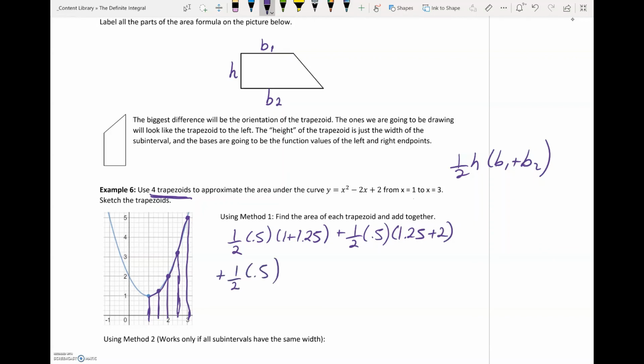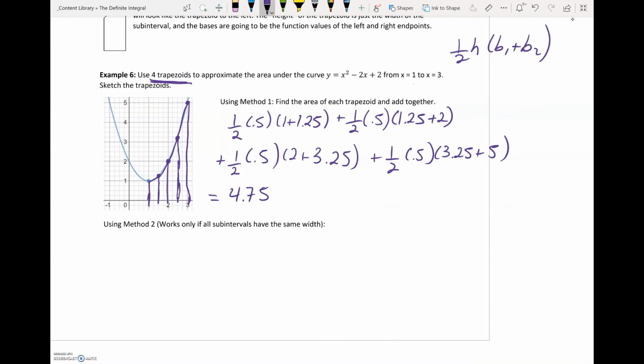Then the next one, a length of 2. And then the other length on the right side is 3.25. One more trapezoid to consider. The left side is 3.25. The right side is 5. Okay, so we're going to calculate each of those and add them up, which is 4.75.